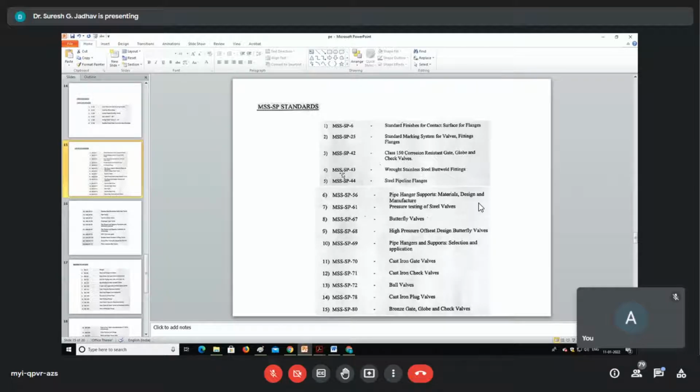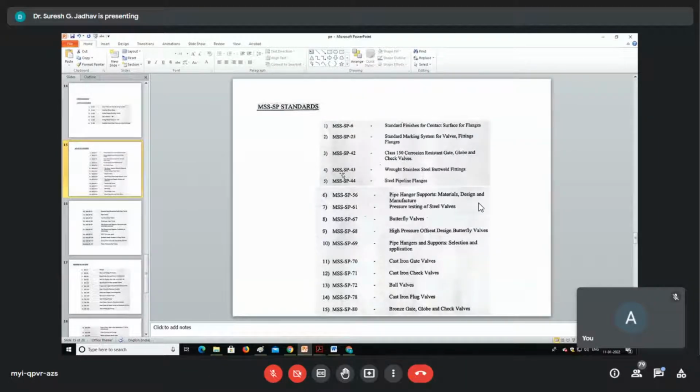A large number of MSS practices, meaning Manufacturer Standardization Society, have been approved by ANSI, the American National Standards Institute, and ANSI standards published by others. In order to maintain a single source of authority information, the MSS withdraws those standard practices in each case.